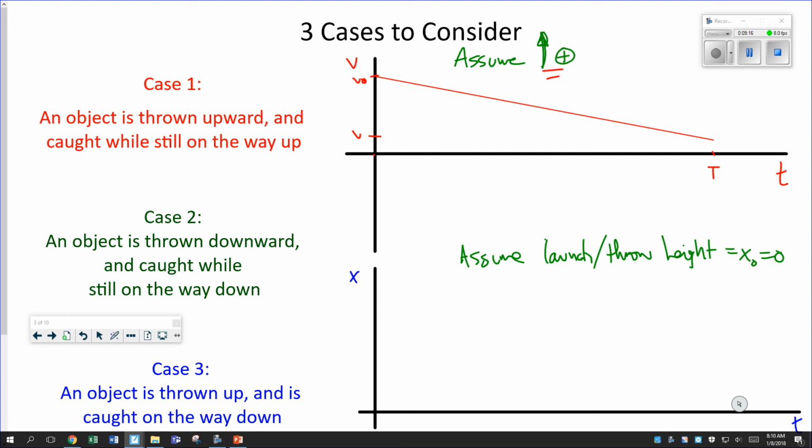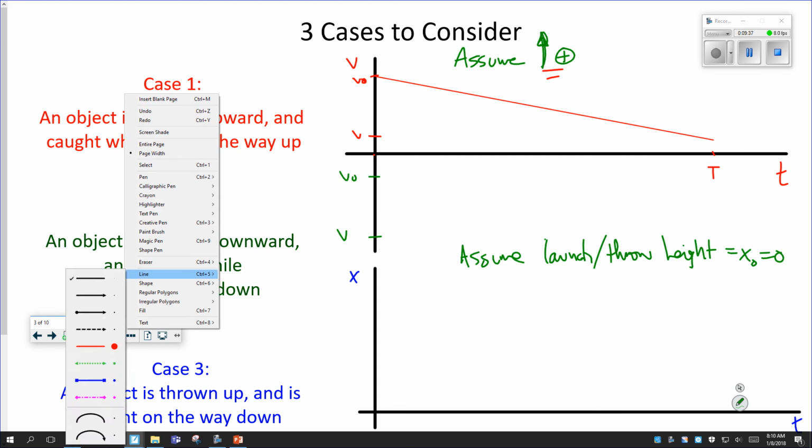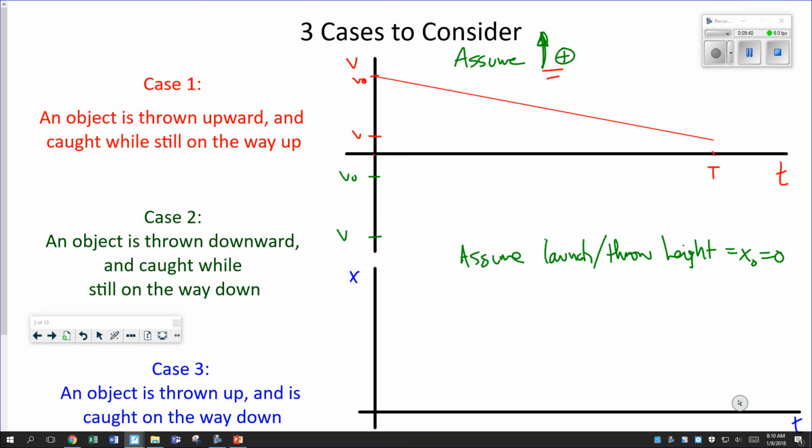All right, case 2, thrown downward, caught on the way downward. Thrown downward and accelerating downward means speed up. So here's case 2. Let's say it's something like this. Here's a V0, here's a V final. What this object does is speed up at the same rate that case 1 slowed down, because these two things have the same exact acceleration.